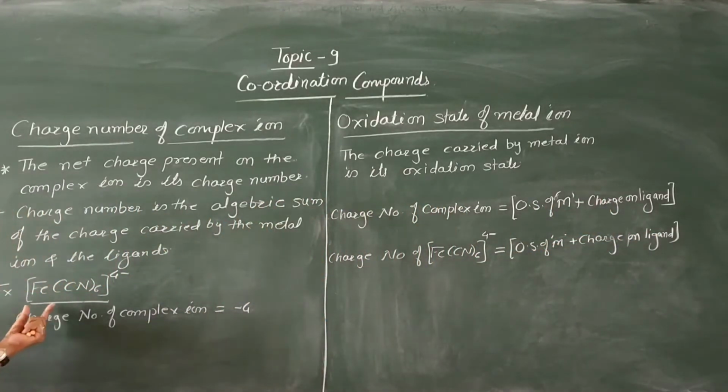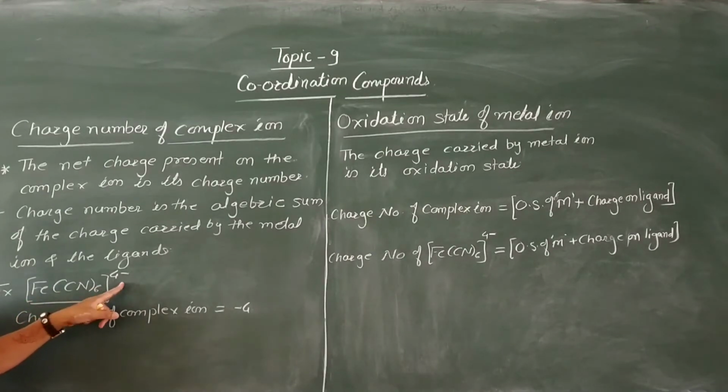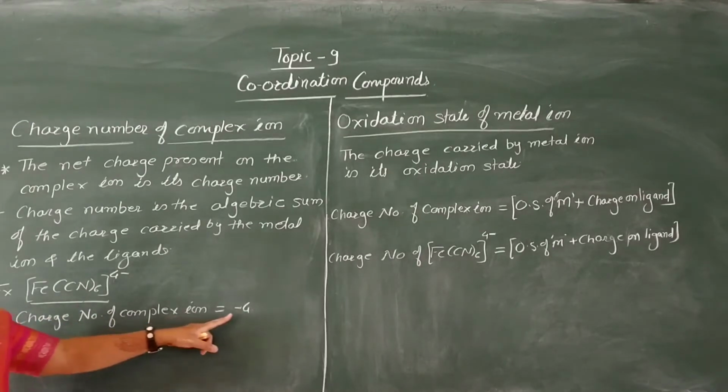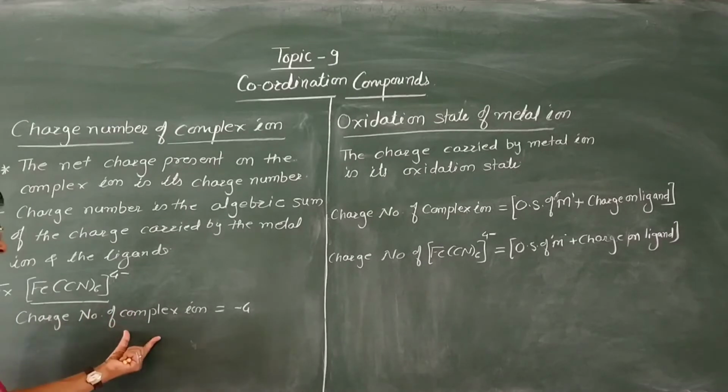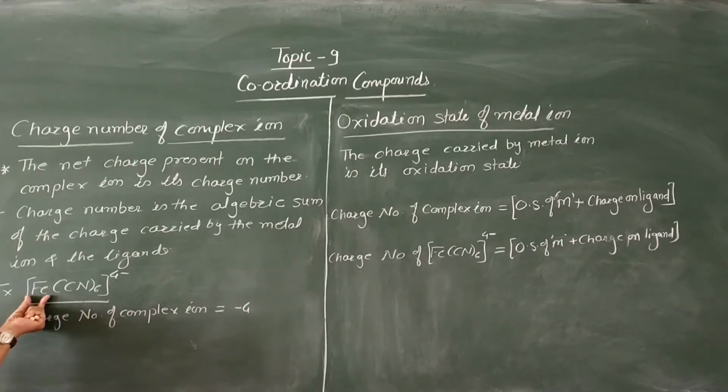Now here in this example, that is Fe(CN)6 4-, the charge number of this complex ion is -4. By using this charge number of the complex ion, we can calculate the oxidation state of the metal ion.